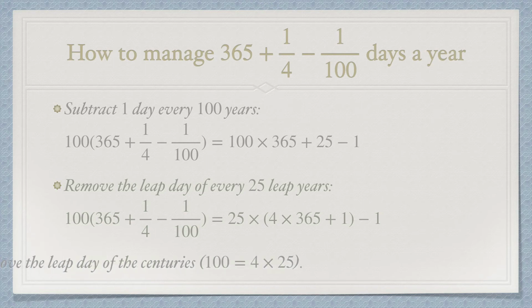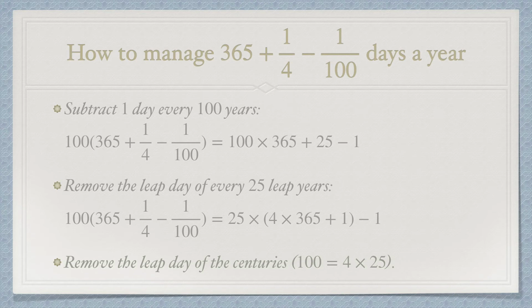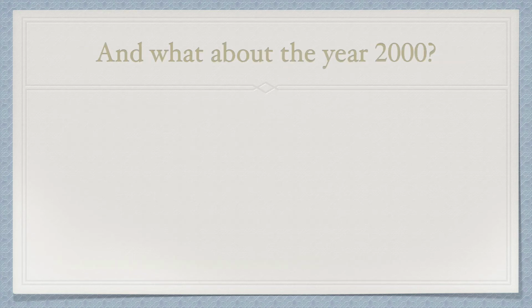It was decided to remove the leap day of the centuries because 100 is a multiple of 4, so that the centuries should be leap years. And what about the year 2000? It was a century, though it was a leap year.